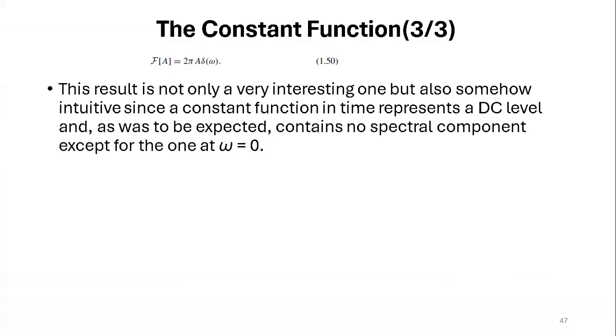This is not only very interesting but also intuitive, since a constant function directly represents a DC, direct current, level. And as expected, it contains no spectral component except the one at omega equals 0.